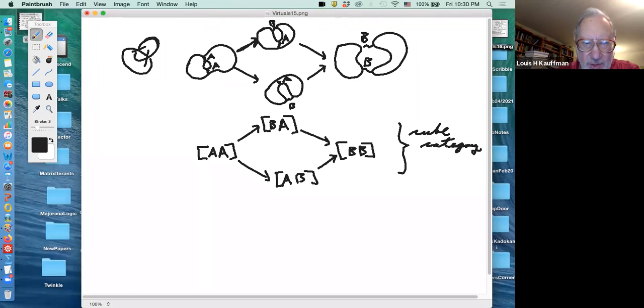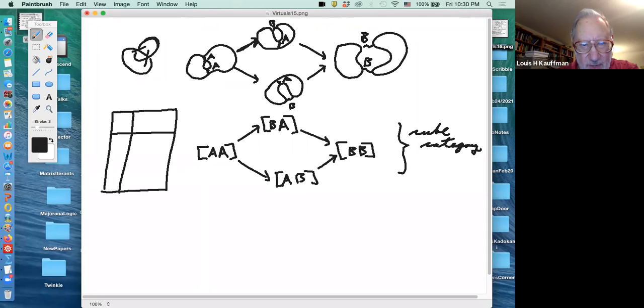This is analogous to the fact that we could take (a plus b) squared, and we get AA, AB, BA, and BB, like that, right? And here's a category, and we're going to be talking about a homology that we could associate to this particular kind of category. And the way we're going to do it is a little different from the general simplicial method that I was showing you before.